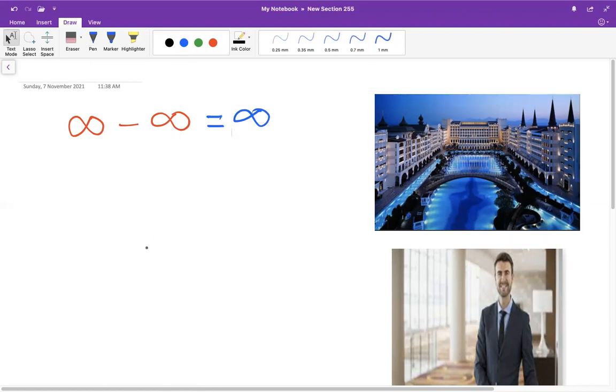Now the question can arise, how can infinity minus infinity be infinity? I am not trying to prove it mathematically, with math concepts. What I am trying to do is create an imaginary situation, and with the reference of that situation we'll try to prove that infinity minus infinity is infinity.